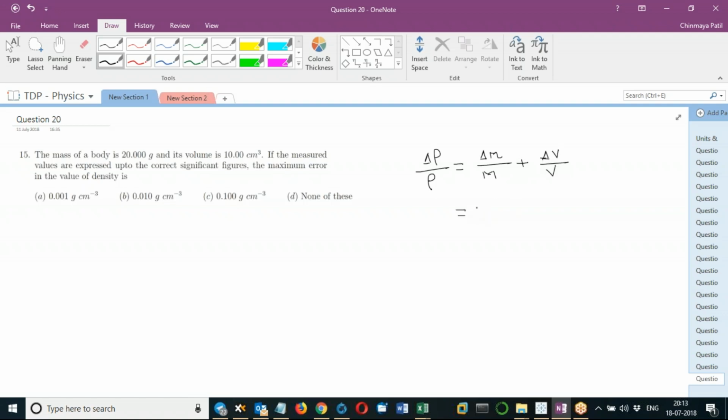Now, according to the question, what is the delta m? Delta m should be 0.001 because that is correct up to the decimal figures, right? So it has to be 0.001 divided by what is m? 20.000.